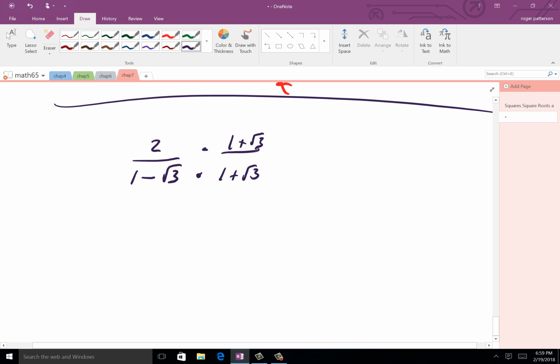Okay, so here's a nice example where we're going to do that. All right, so let's work on the bottom. Okay, all right, so we're going to FOIL this. So obviously I'm going to get 1 and 1. And then what happens to these ones in the middle? I take 1 plus the square root of 3, 1 minus the square root of 3.